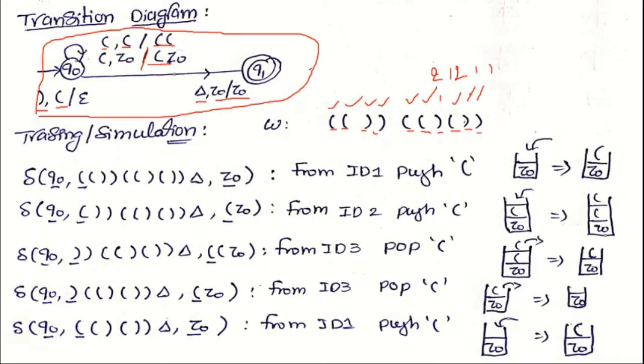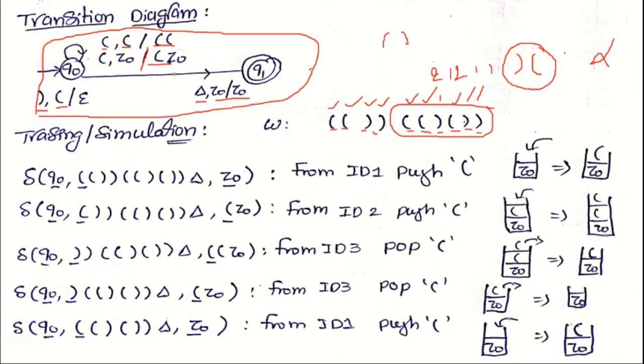So here we observe clearly in this part: first we consider two open parentheses and a single closed parenthesis, after that again an open parenthesis. This type of combination is allowed. But in case of first a closed parenthesis and then an open parenthesis, this type of combination is never allowed in balanced parentheses.